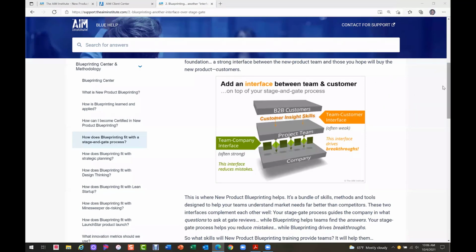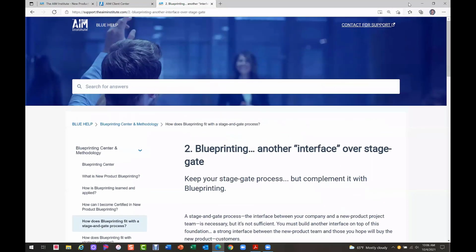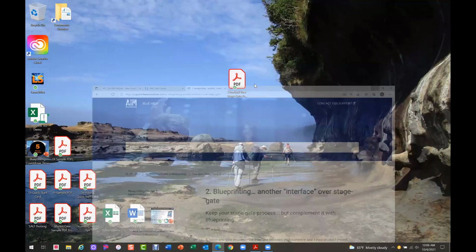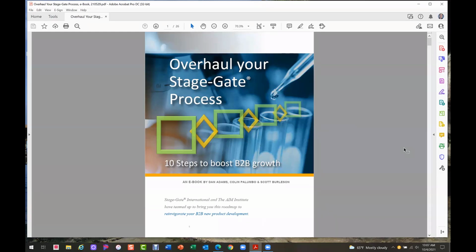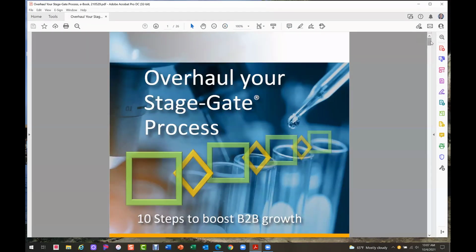So that's all we have in Blue Help. It's a little bit on the skinny side there. So we're working on a white paper that I think is going to be done by the end of this month. I thought I was going to say year, but I think it could be done by then.